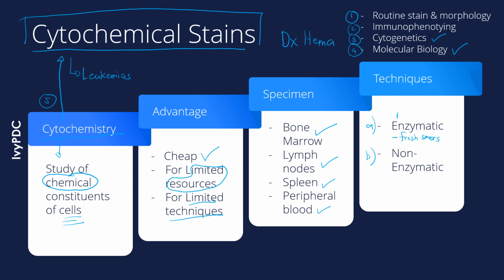Examples of these would be MPO and the esterases. We also have the phosphatases. For the non-enzymatic technique, they can be stable for up to months if they are stored at room temperature, and examples of this would be SBB and PAS.